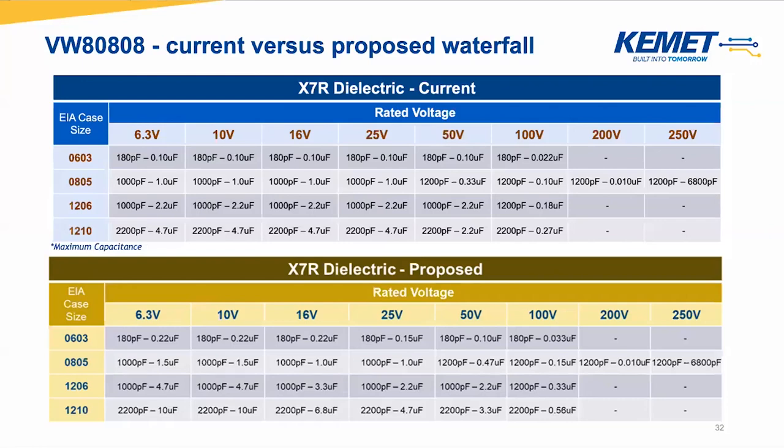So you see on a 6.3 volt side in 1210, you get from 4.7 to 10 microfarad, same for 10 volt. From 16 volt, 1210, we go up to 6.8 and so on. But you get the table, you can look at that. If you have any question, please ask KEMET sales, our FAE. So we can also prioritize if you have a project and you need that part and you think it might add value, then please talk to KEMET and then we can prioritize that. Otherwise we start from top to down.